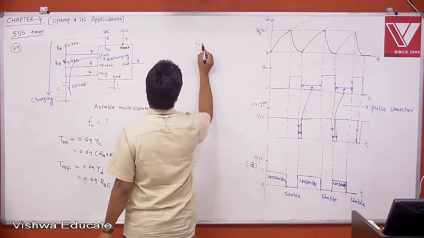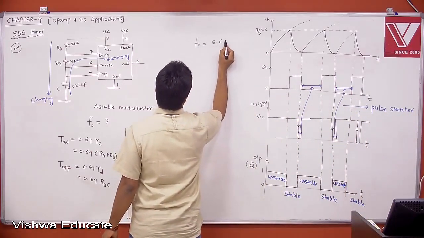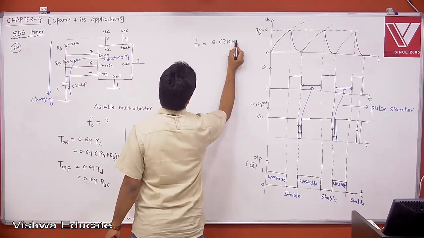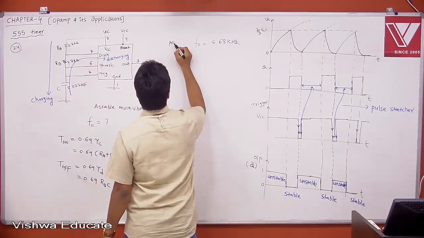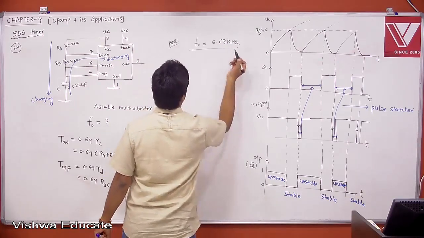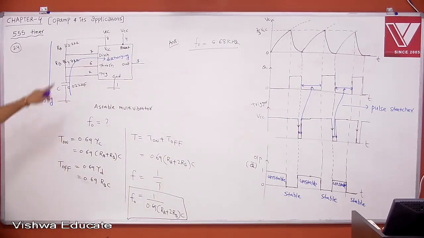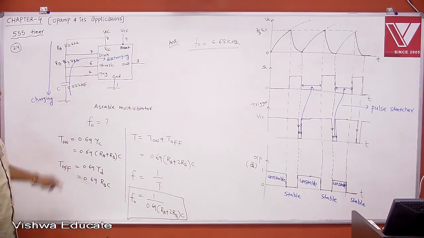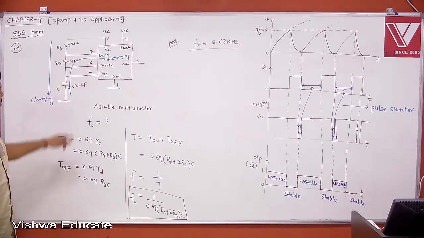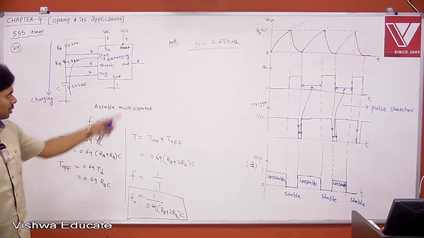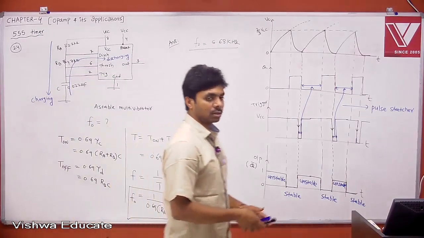Therefore, f naught is equal to 5.68 kHz. This is the answer, because this is fill in the blank. Okay. You know RA 2.2K, 2 RB 9.4, plus 2.2, 9.6, 11.6 into 0.022. If you do it, you'll get 5.68 kHz.